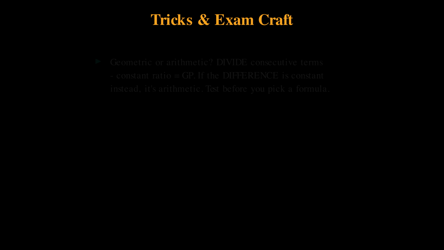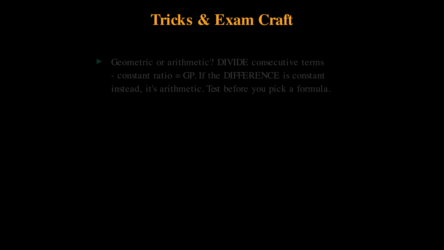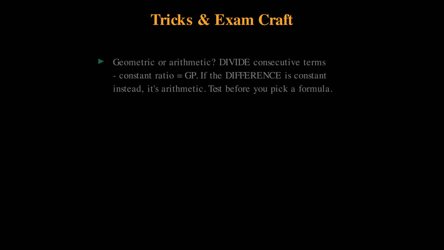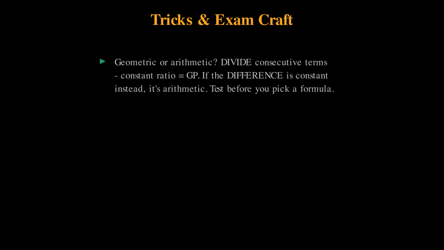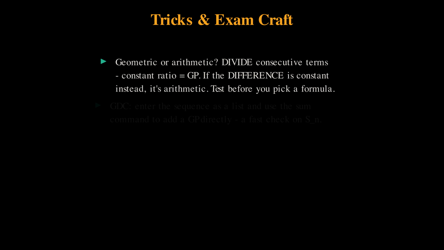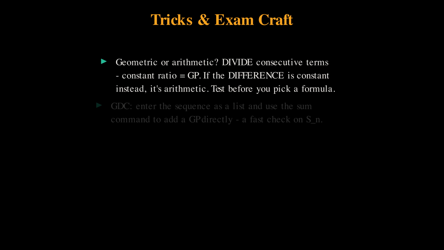Now the exam craft that separates full marks from nearly. First, the classification move. Before you touch a formula, divide consecutive terms. A constant ratio means geometric. If instead the difference is constant, it's arithmetic. Second, your calculator.